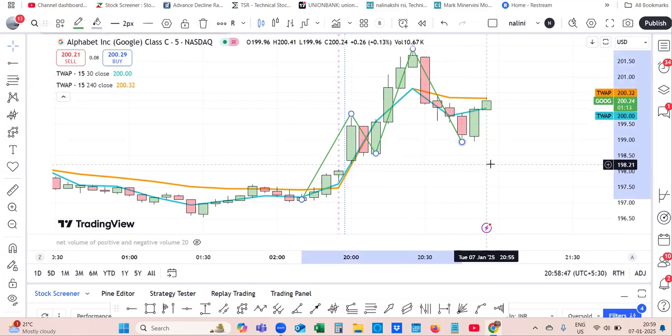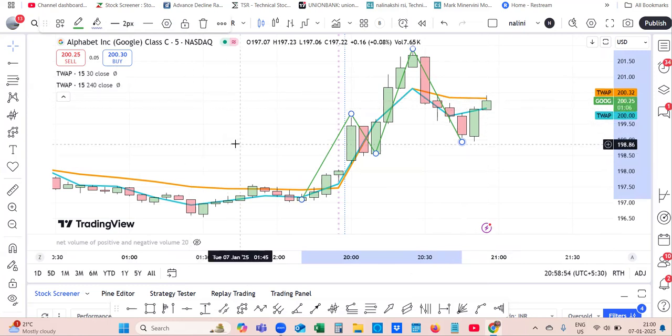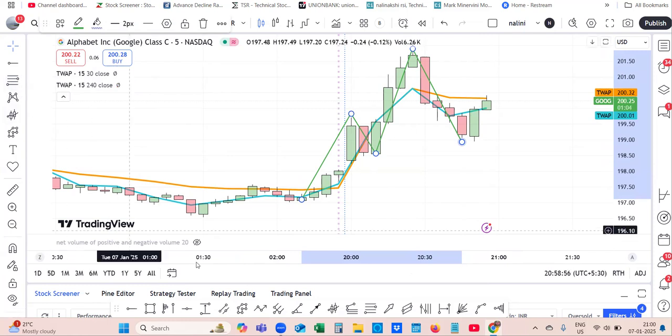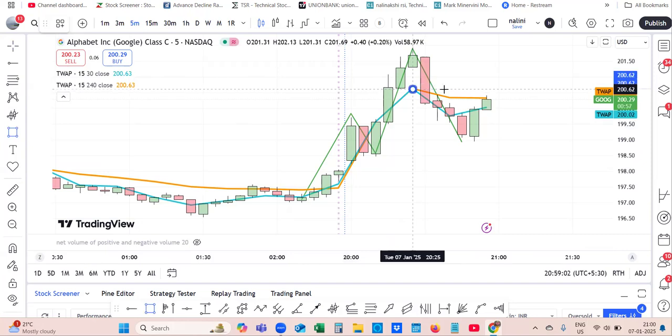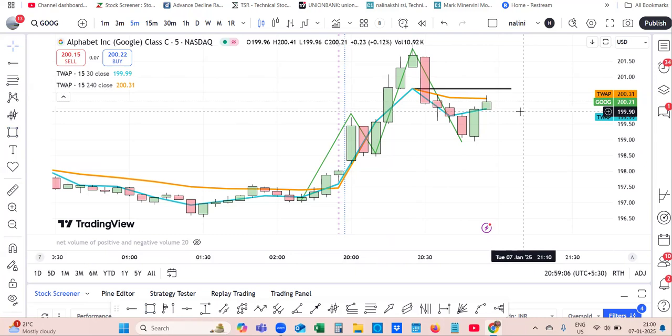So you cannot call it a head and shoulders pattern. It is now going up to this, so this price will act as resistance. If the price goes and hits that level, it will act as resistance.